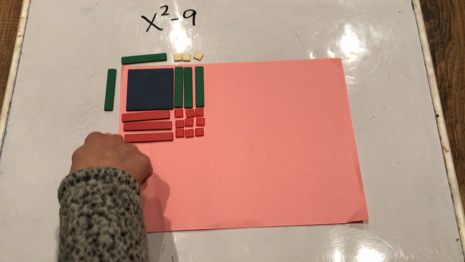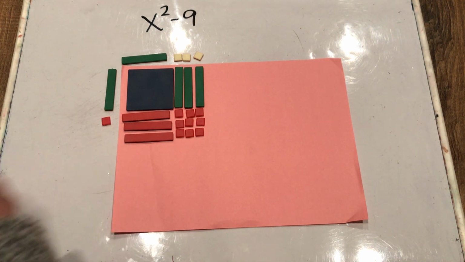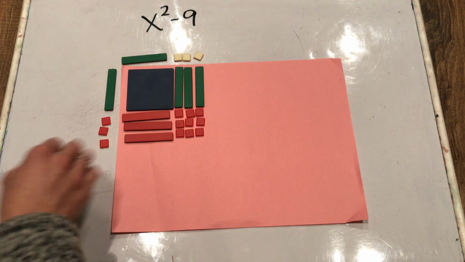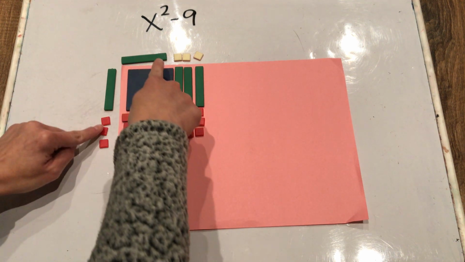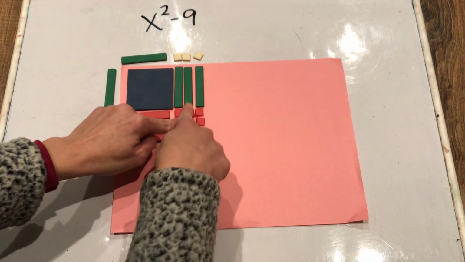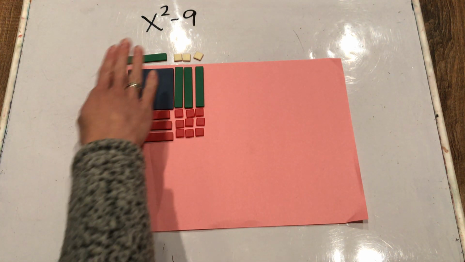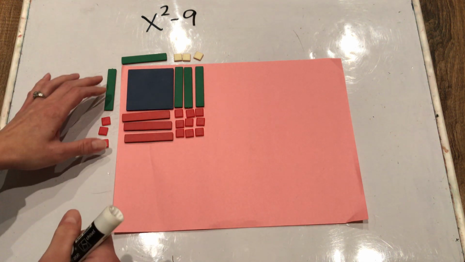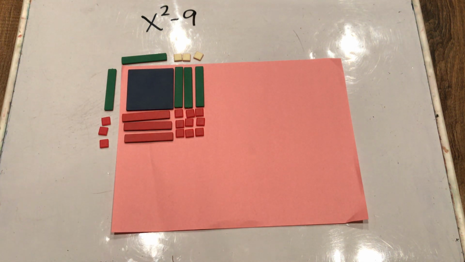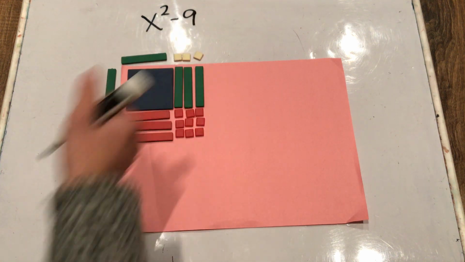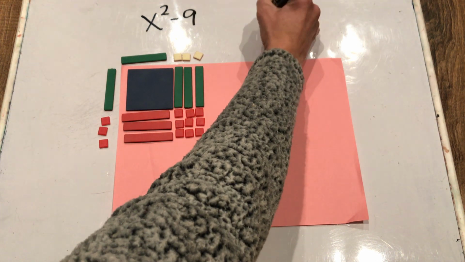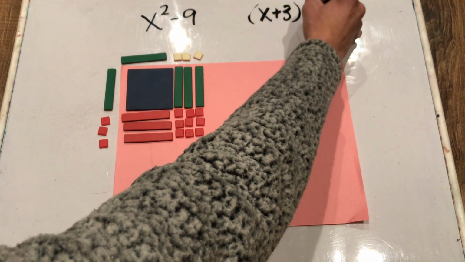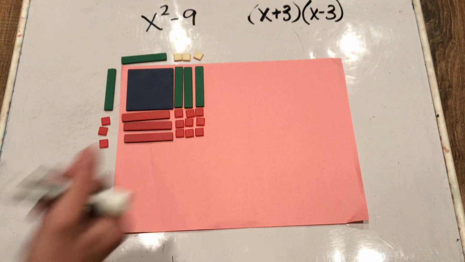And then these down here would need to be negative, and a positive times a negative would be a negative. When we look at this, these are our factors. I just laid them out, so we don't include these outside of the pink with our inside answer. So our factors would be x plus 3, that's the one across the top, and then the one across the side is x minus 3.